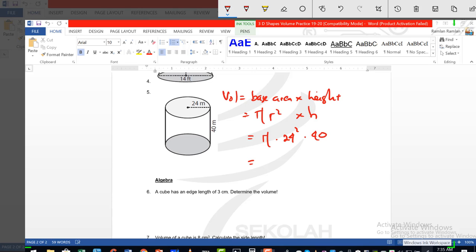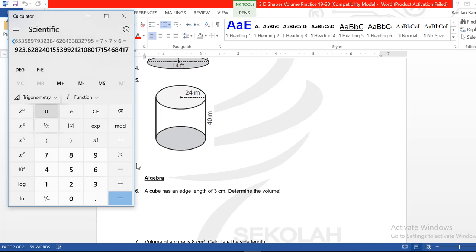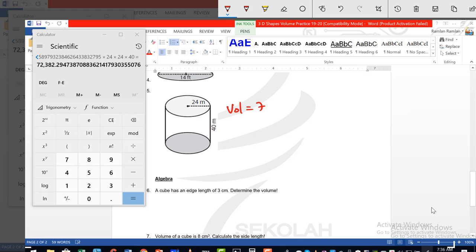So it's simple as that. So again, we are going to use a calculator for this one. So it's pi times 24 squared times 40 equals this. The volume will be 72,382.3. And don't forget to write down the unit.